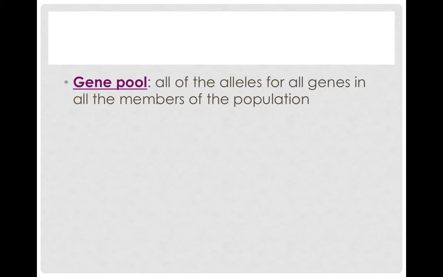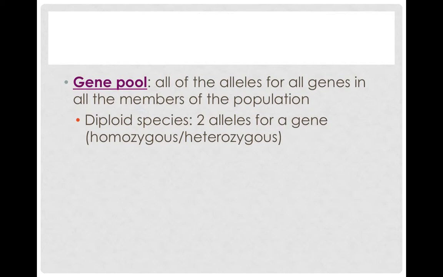Some other definitions we should be familiar with: the idea of a gene pool, which accounts for all of the alleles of all of the genes of all of the members of a population. That's a lot of different pieces. If you're breaking it down from a population, it's every single member, then all of their genes, and then all of their alleles.